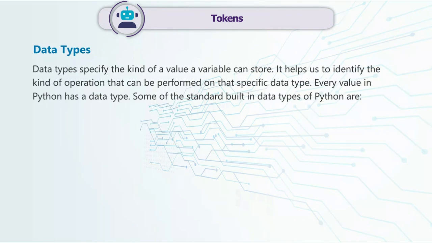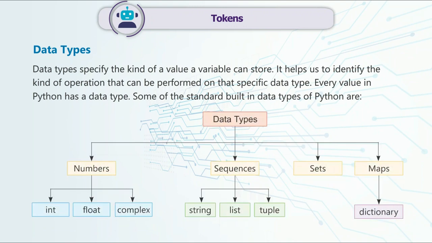Data types. Data types specify the kind of value a variable can store. It helps us to identify the kind of operation that can be performed on that specific data type. Every value in Python has a data type. Some of the standard built-in data types of Python are numbers, sequences, sets, maps.